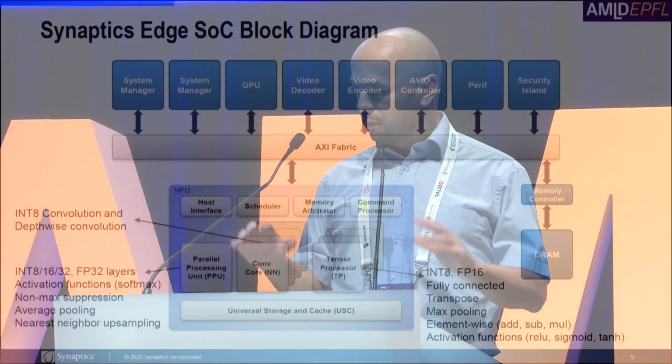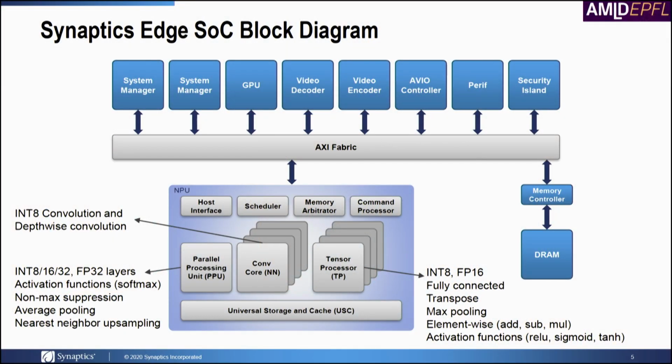This slide describes a typical hardware architecture, like the VS680. You can see that you have a lot of hardware blocks, and all of them are connected through the same bus, the AXI bus, which also connects the main memory, the DDR memory. The NPU has the same access to the same bus as all the other blocks, like the CPU, the GPU, or the RAM.